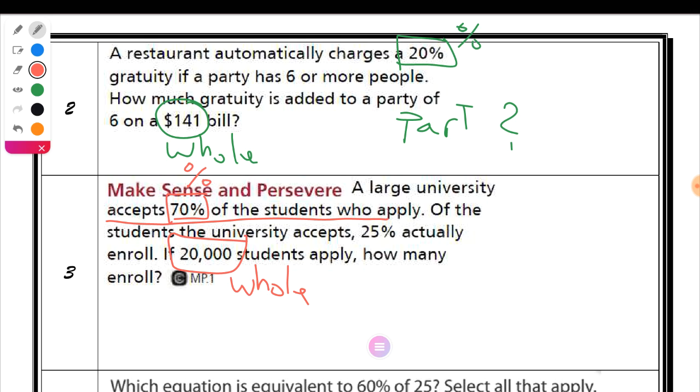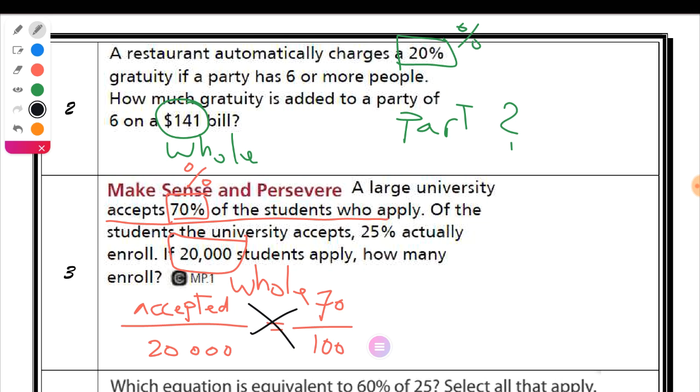So it's part over whole. I need the part, accepted, over whole 20,000 equals how much percent? 70 over 100.